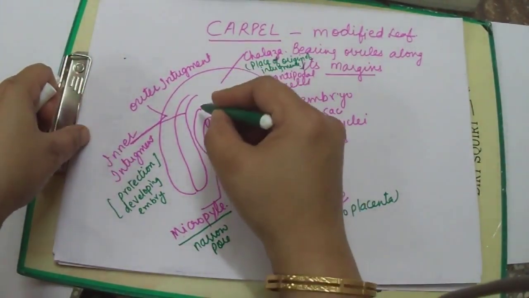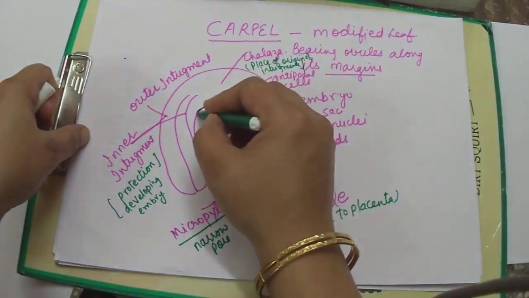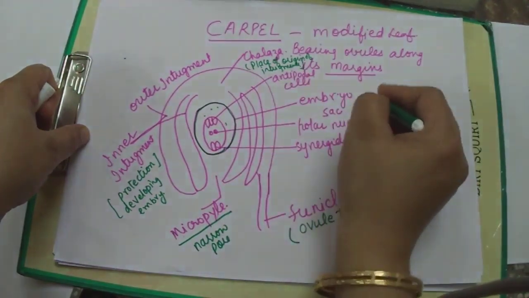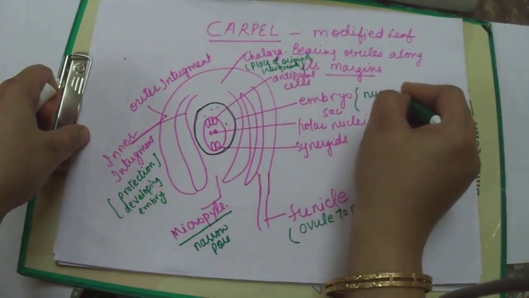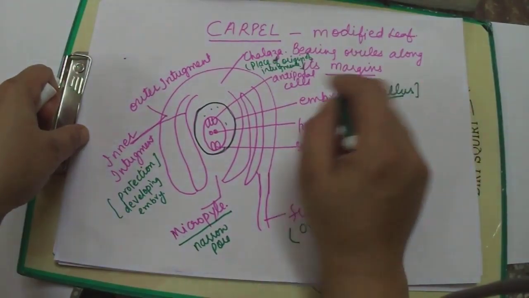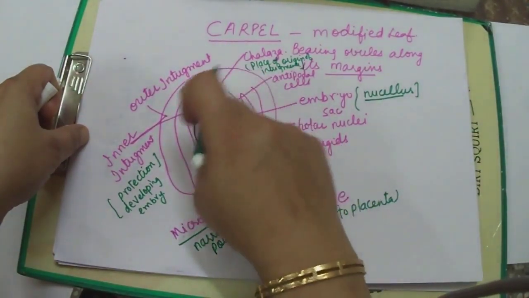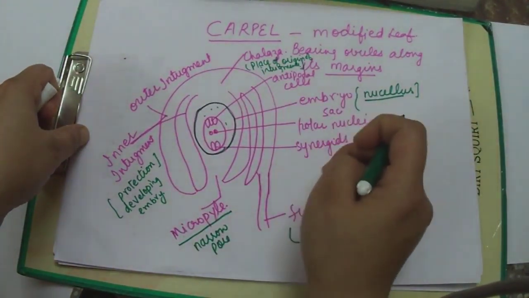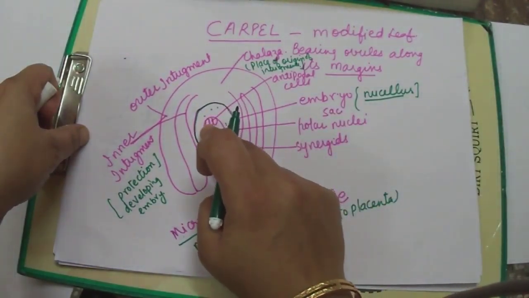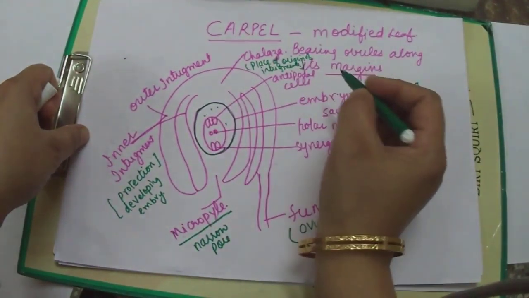This part is the nucellus. What is the function of nucellus? Nucellus is a mass of parenchymatous tissue surrounded by the integuments, and this is the embryo sac, and these are the antipodal cells.